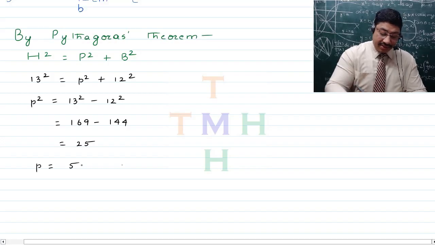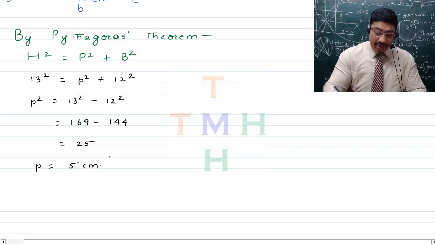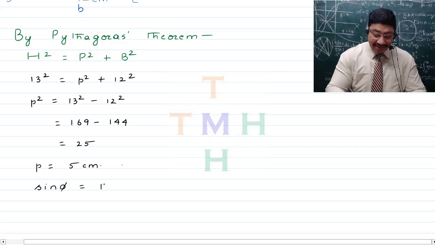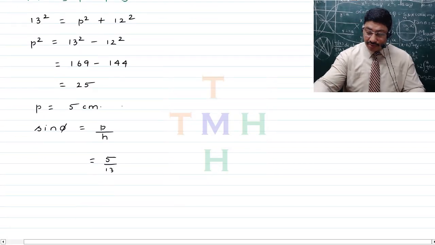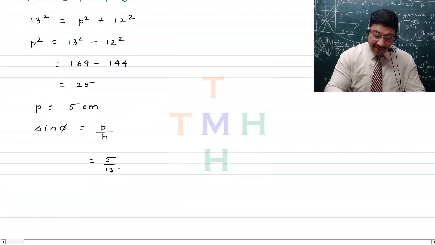Now very simply we can find out sine phi, which is the ratio of the perpendicular to the hypotenuse. The perpendicular has been just found to be 5 and the hypotenuse was 13, so sine phi is 5 by 13, right?